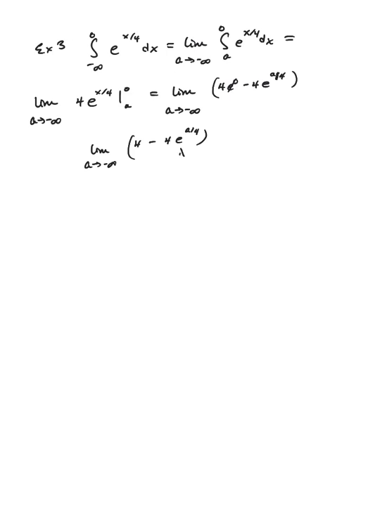Think about this part. 4 e to the negative infinity is 4 over e to infinity, which is bottom heavy. So that goes to 0. So therefore the answer is 4.